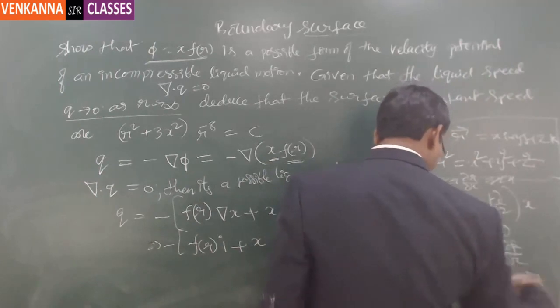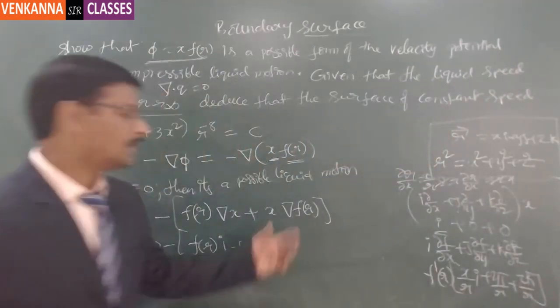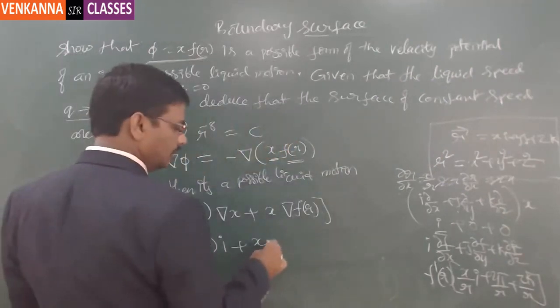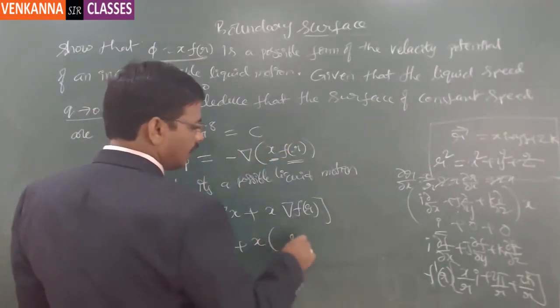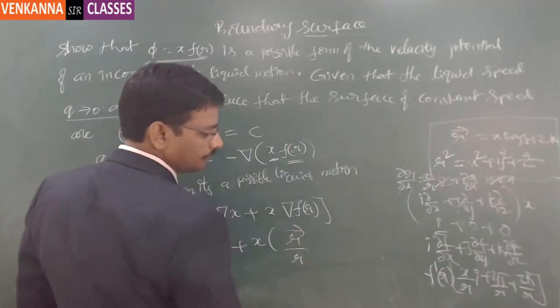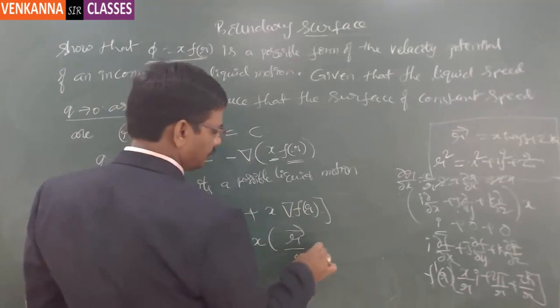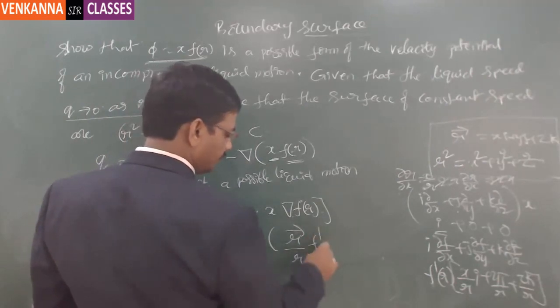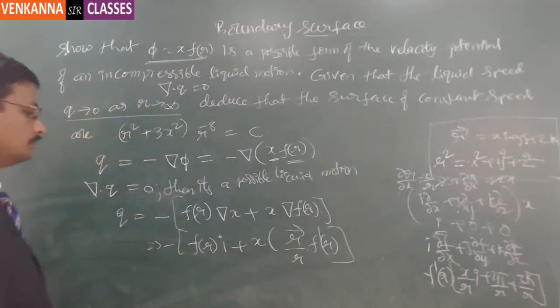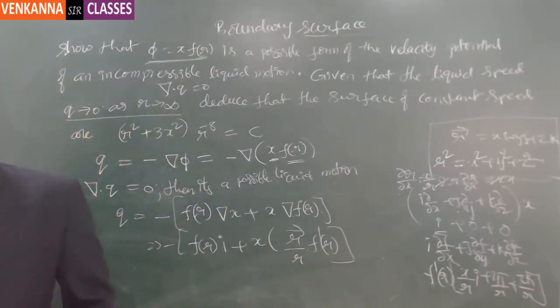So this is del of f of r. That's why del of f of r is usually represented as r bar by r into f dash of r. Clear?